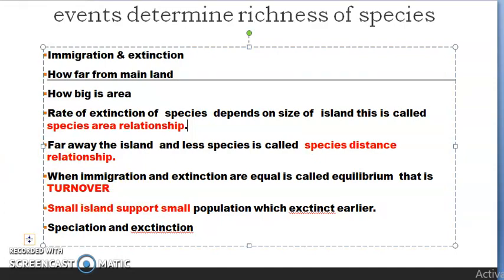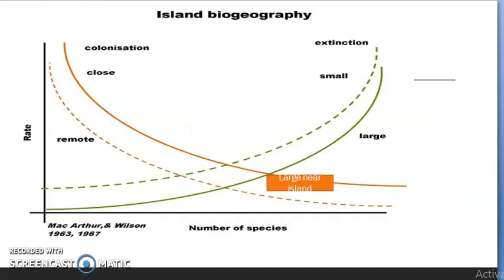The relationship between diversity, speciation and extinction, and the richness of species in an isolated area was first studied by MacArthur in 1963 and 67, and he plotted a graph on that. This graph is a model to understand island biogeography posed by MacArthur, as I told you, in 1963.